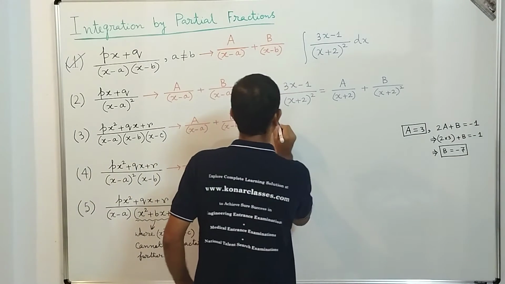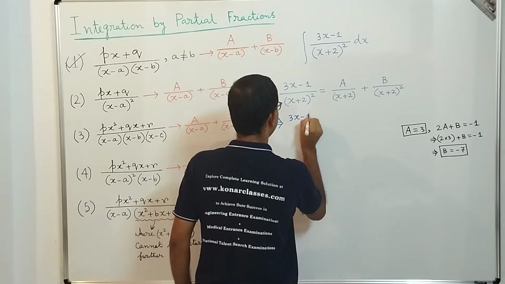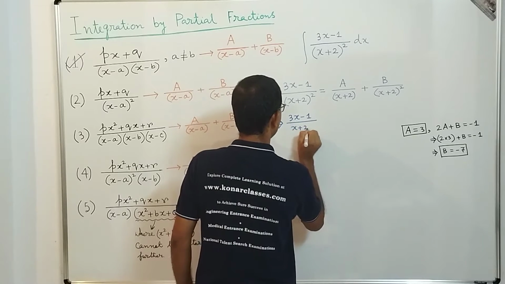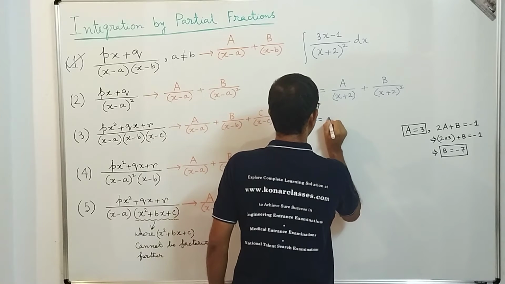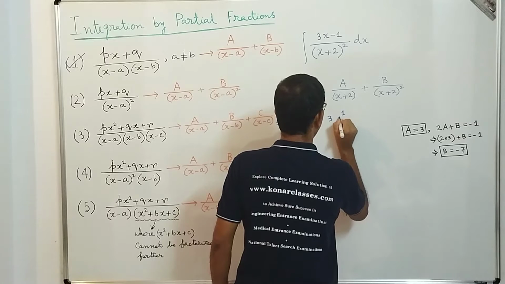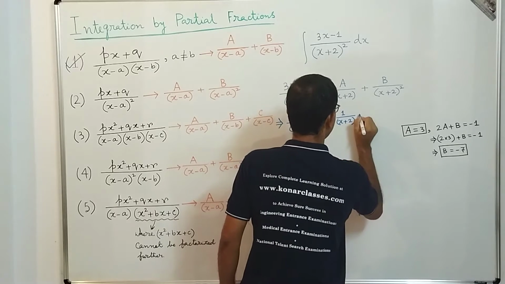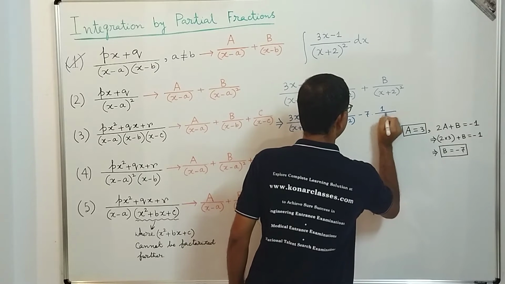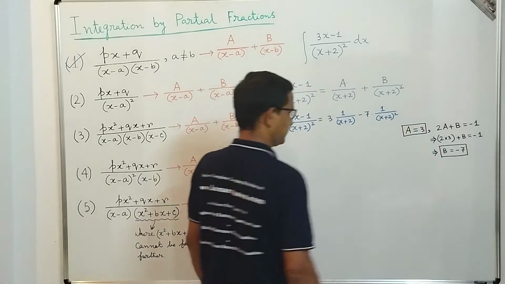This implies that 3x minus 1 divided by x plus 2 whole square is equal to 3 into 1 by x plus 2, minus 7 into 1 by x plus 2 whole square.